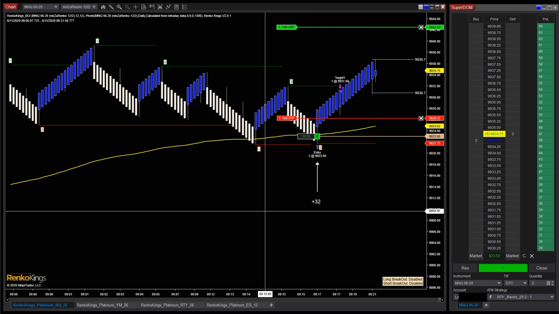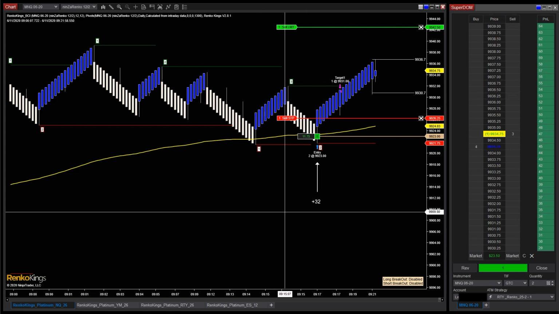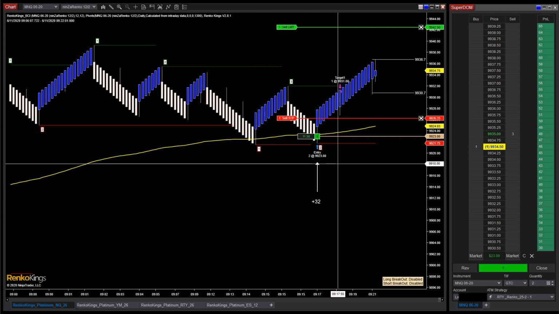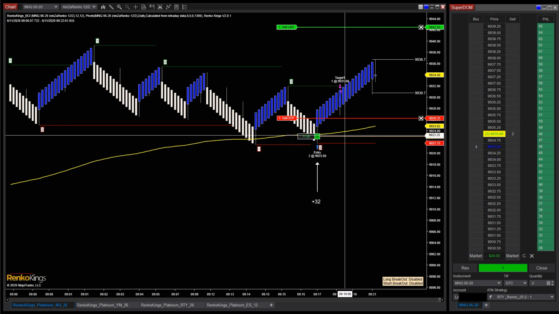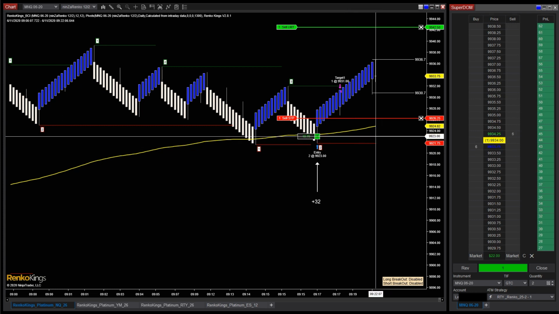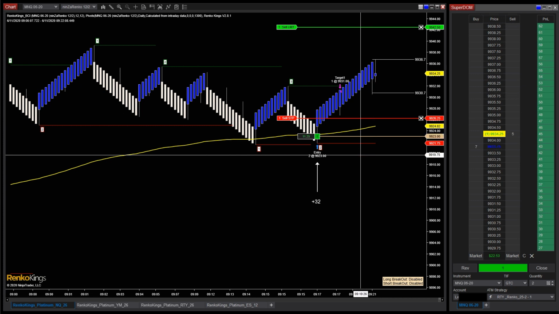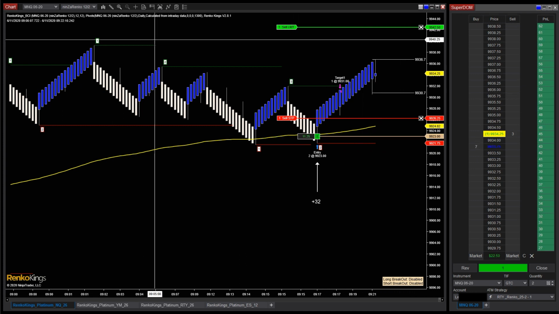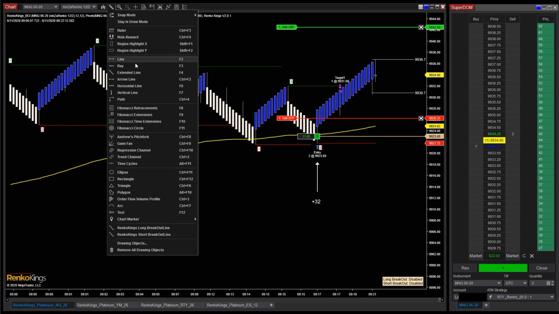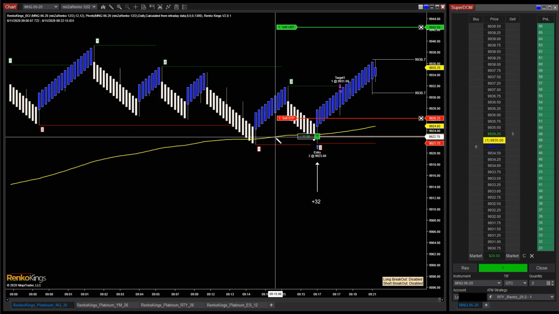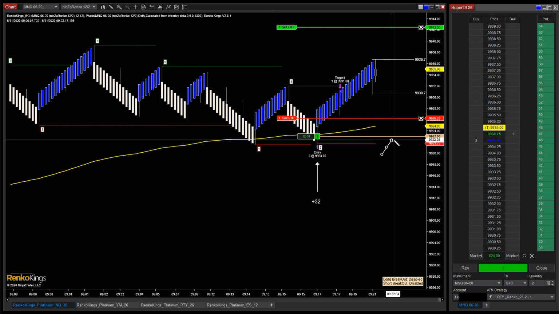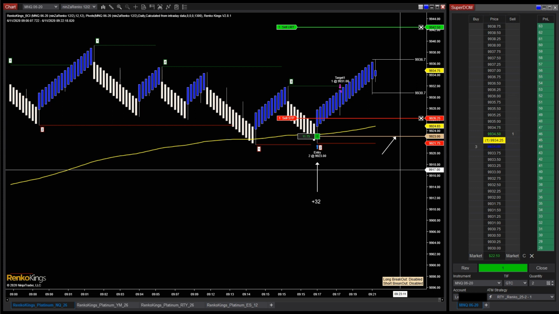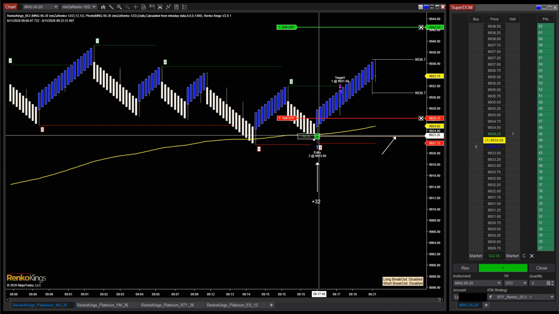So nearly a tick for tick double bottom, okay? So you can see that my entry is this line right here, okay? This line right here is my entry, okay?